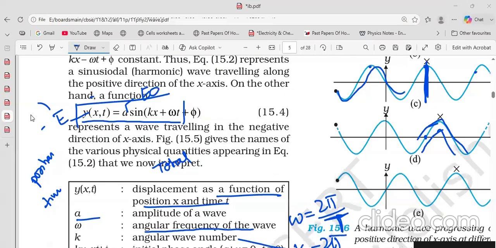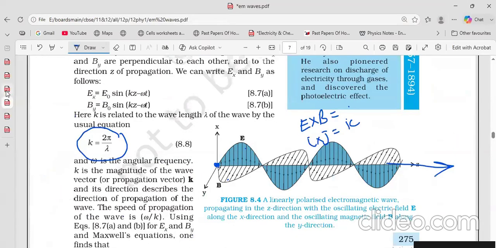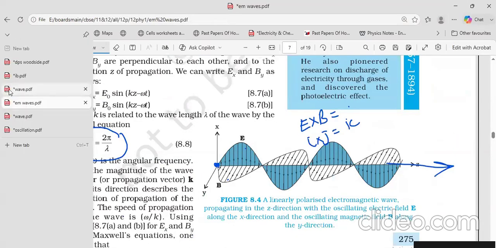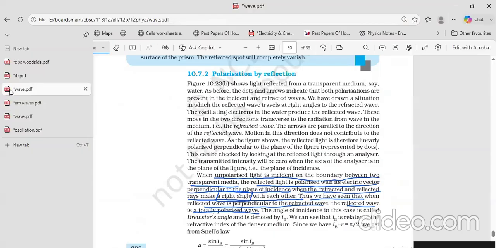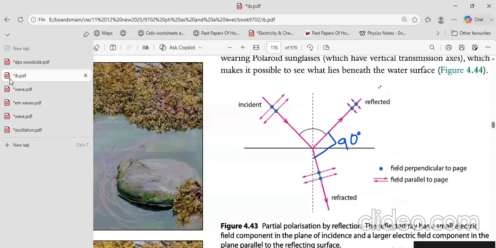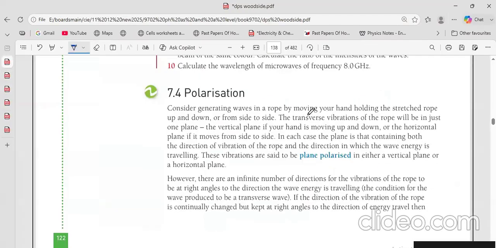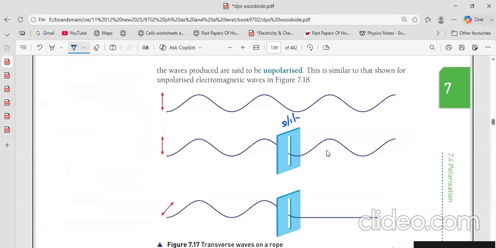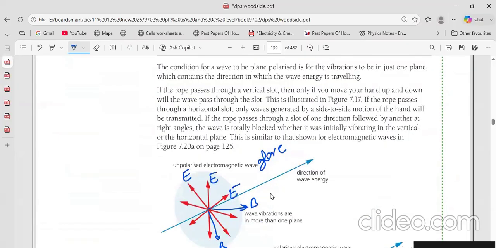When an EM wave, a light, passes through a polarizer, the polarizer has some molecules arranged in some order. So there's a vertical slit. There will be many directions in which the electric field is vibrating.